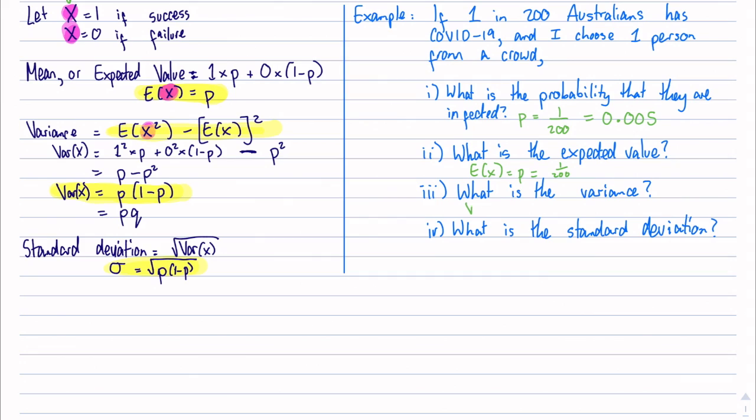The variance is P times 1 minus P, which is 1 on 200 times, what, 199 on 200, which gives us 199 on 40,000. And the standard deviation, so sigma equals the square root of the variance equals the square root of 199 on 40,000, which is root 199 on 200.